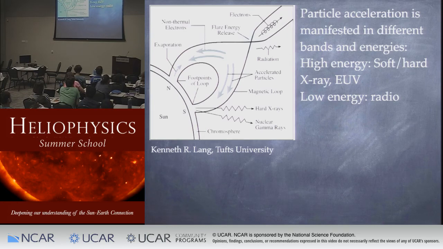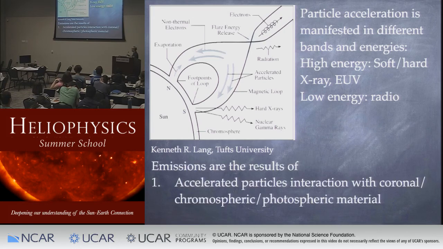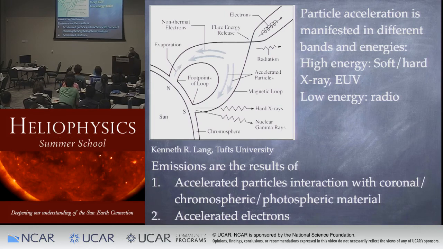These are synchrotron emissions and similar processes that drive radio emissions. Okay? So this is exactly what I say here. The emissions are a result of accelerated particles interacting with the corona, chromosphere and photosphere, and accelerated electrons drive radio emissions.